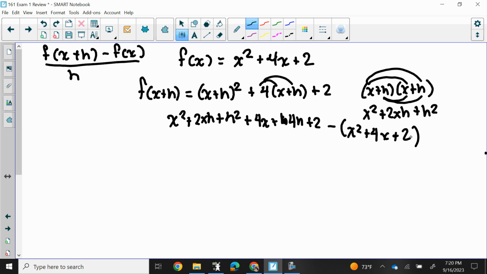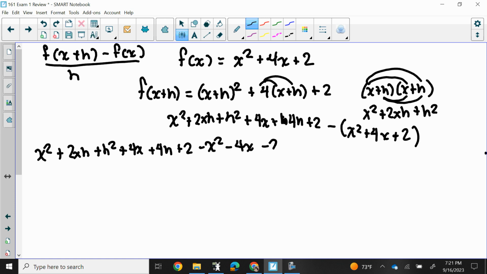So let's go ahead and make this a little bit prettier, guys. So I've got x squared plus 2xh plus h squared plus 4x plus 4h plus 2 minus x squared minus 4x minus 2, all divided by h.